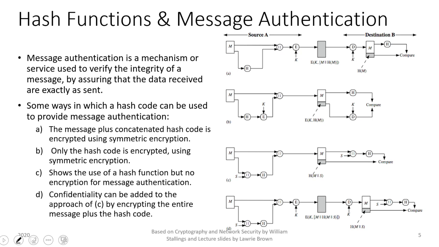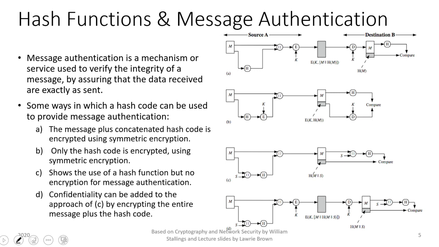Then when we talk about hash functions and how they may be used in the point of authentication, here we would have to use a combination of encryption and hashing to achieve that.